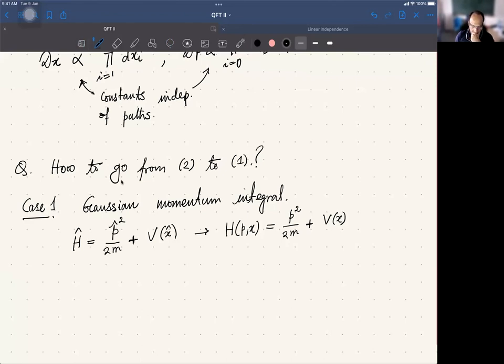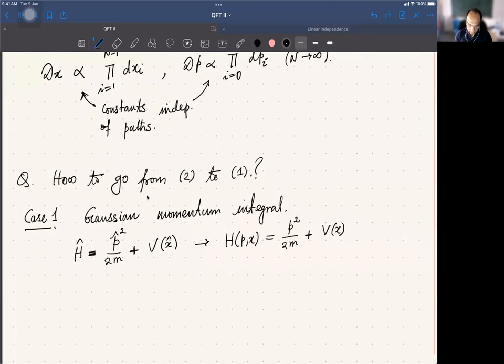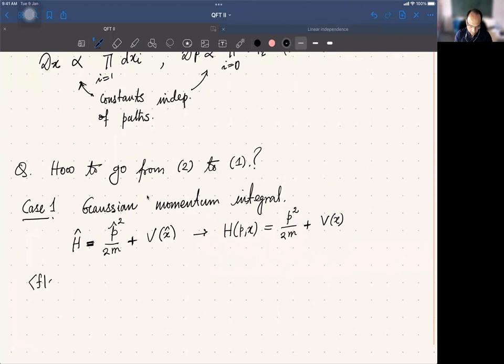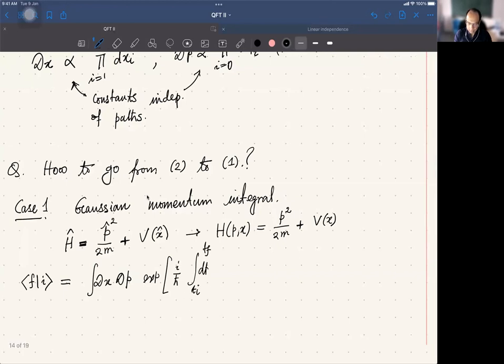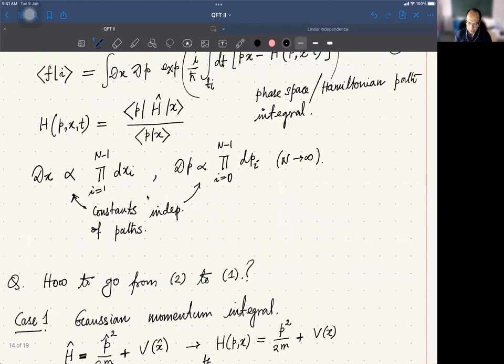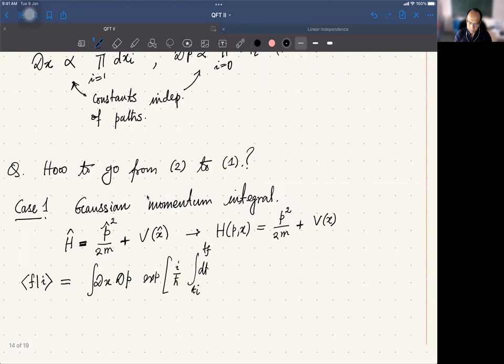So in this case, if you calculate the matrix element, if I, you have dx dp, then exponential i over h bar integral dt from ti to tf, and you just look at this p x dot minus h p x. That means p x dot minus p square over 2.